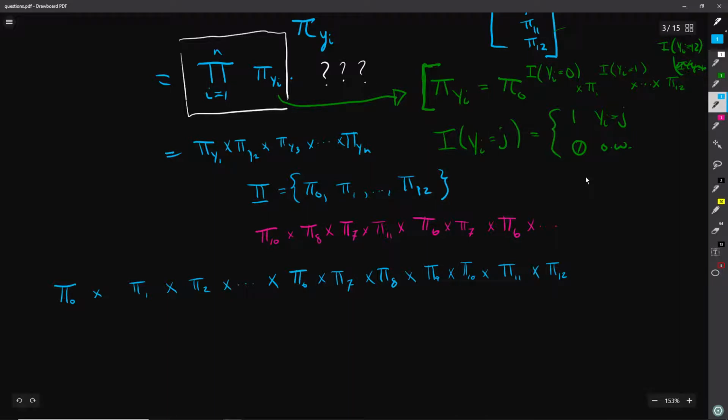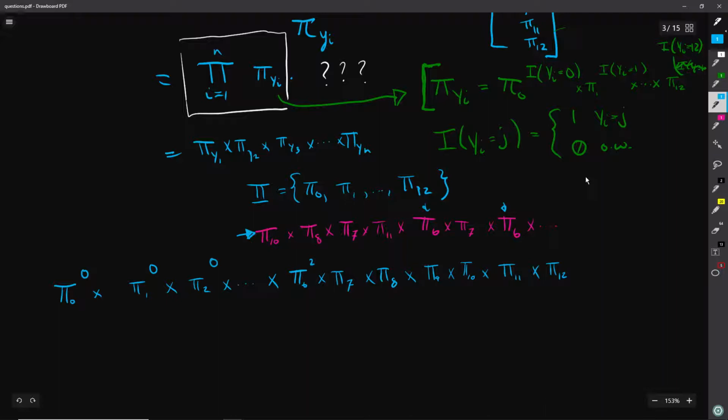What I'd like to point out is that this product sequence can be written as exponential powers of the values pi 0 through pi 12. If we're just looking at these first 7, we're going to have a 0 exponent on the 0th, the first, and the second. Pi 6 has 2 observations in the sample.